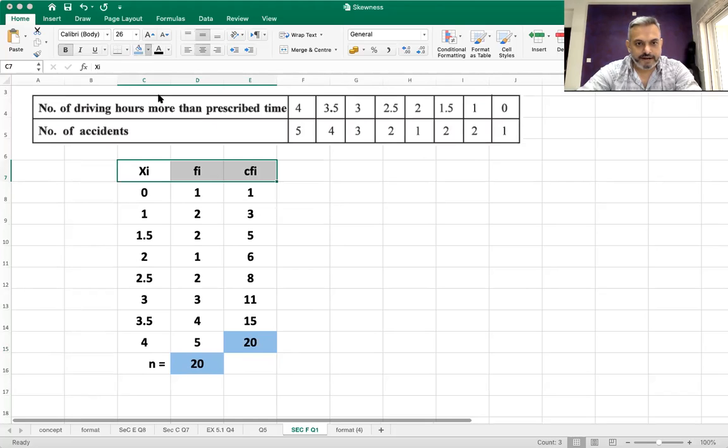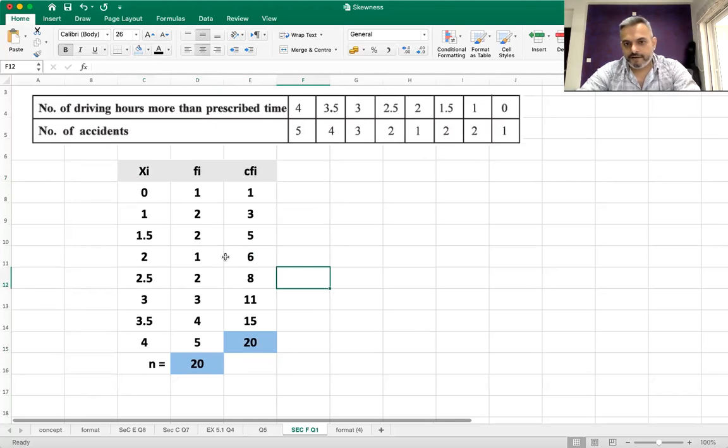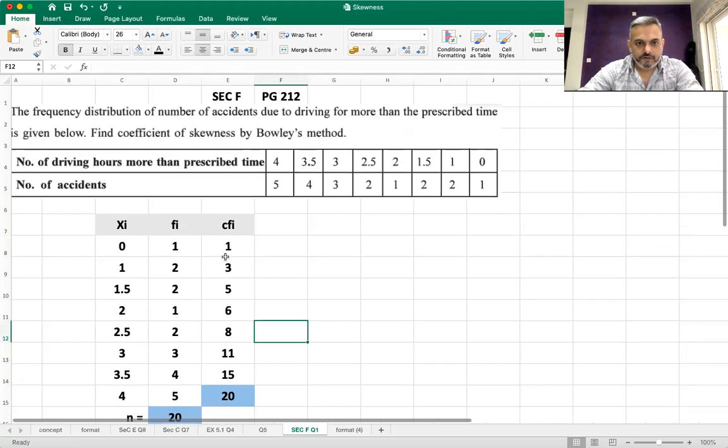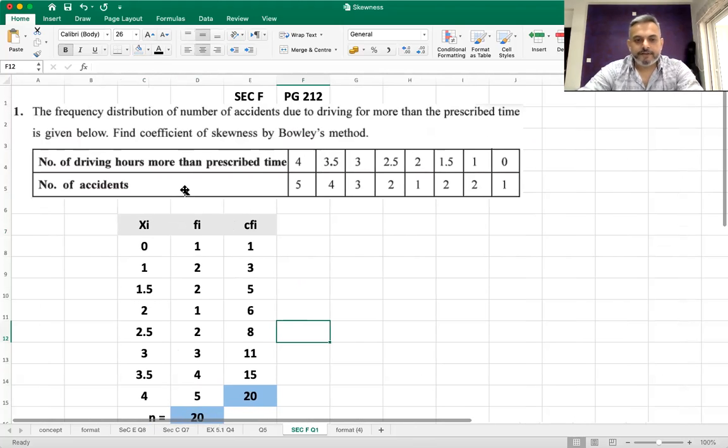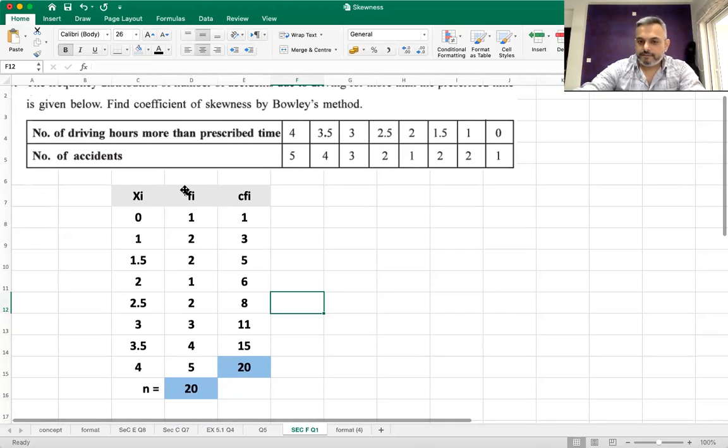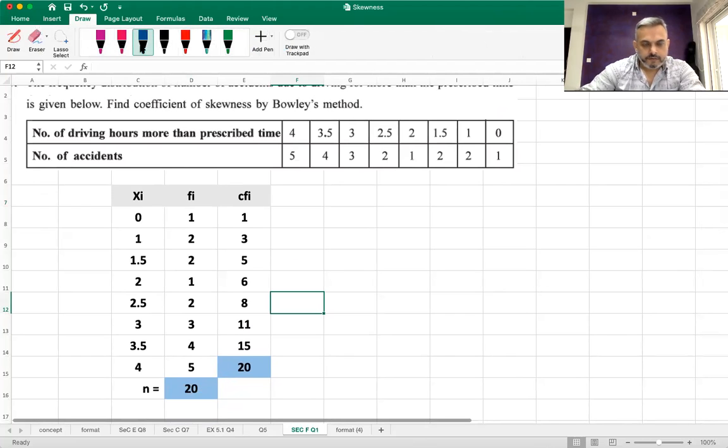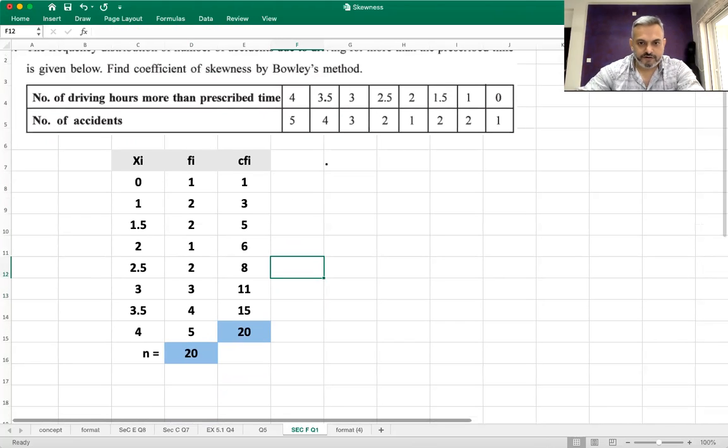Now let's start finding the various quartiles. Okay, so because we have to find coefficient of skewness by Bowley's method, we start with Q1. So ये जिनको previous chapters में दिक्कत हो रहा था, please ध्यान देना, because it's just like your revision of measures of central tendency.